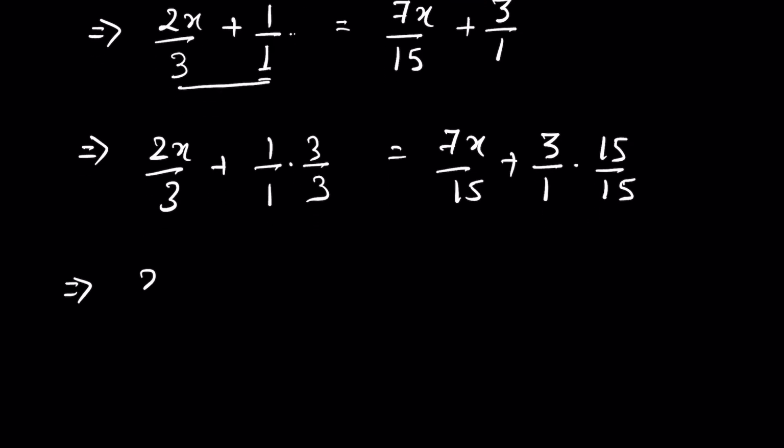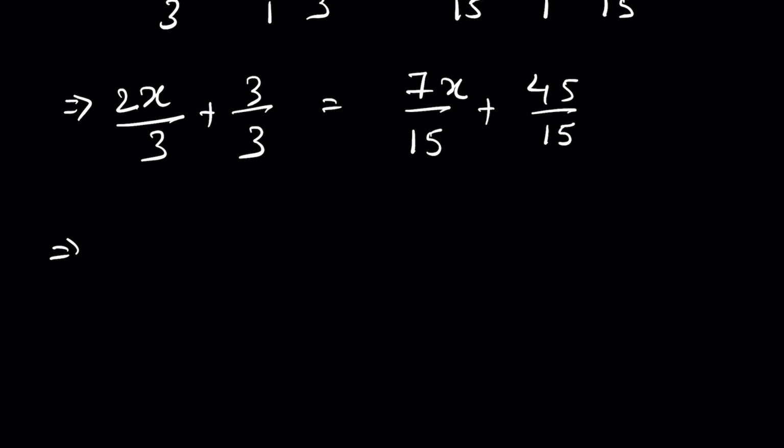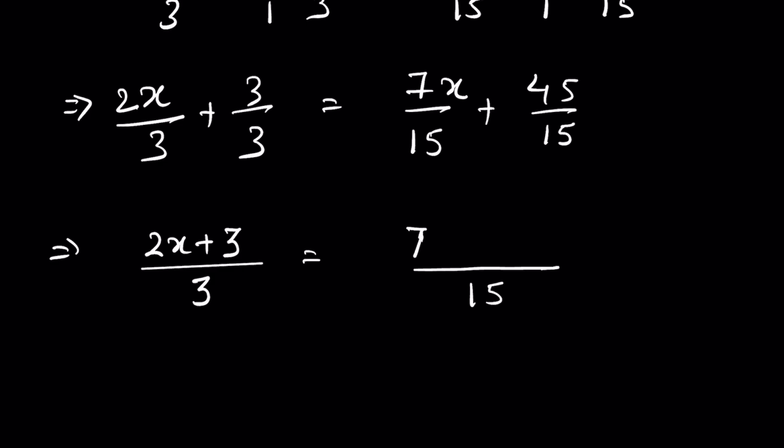Now we have 2x upon 3 plus 3 upon 3 is equal to 7x upon 15 plus 45 upon 15. Now the common denominator is 3, so you write 3 here, and 2x plus 3, and the common denominator is 15, so 7x plus 45.